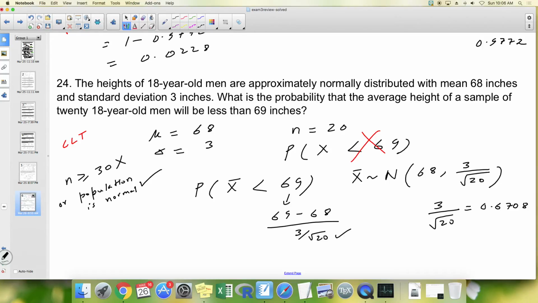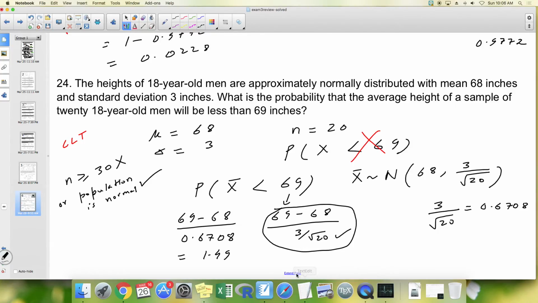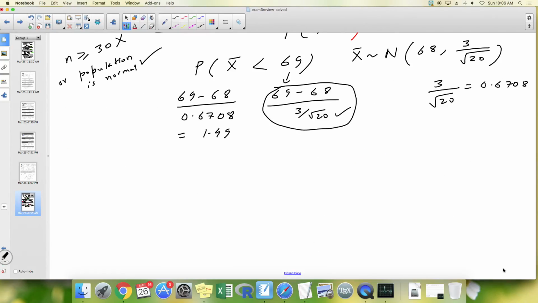If this confuses you, you can write down 69 minus 68 divided by 0.6708, which equals 1.49. And now if you look up the z table for 1.49, you shall get 0.9319, and that's your answer.